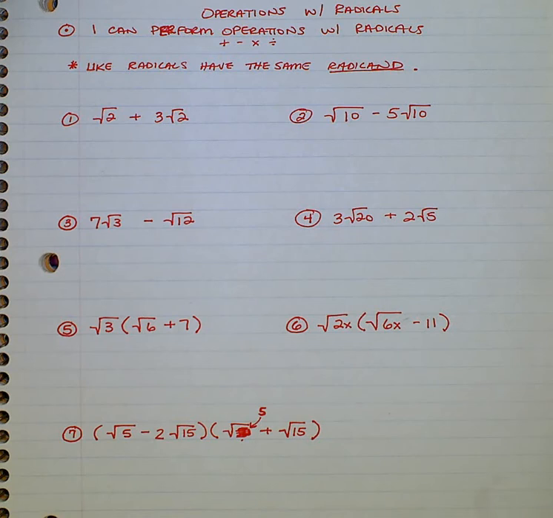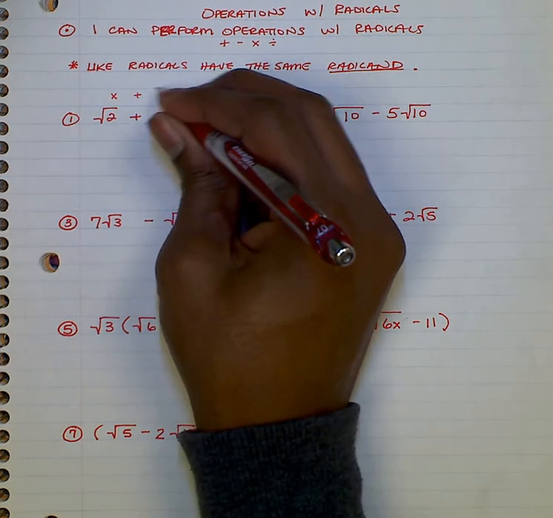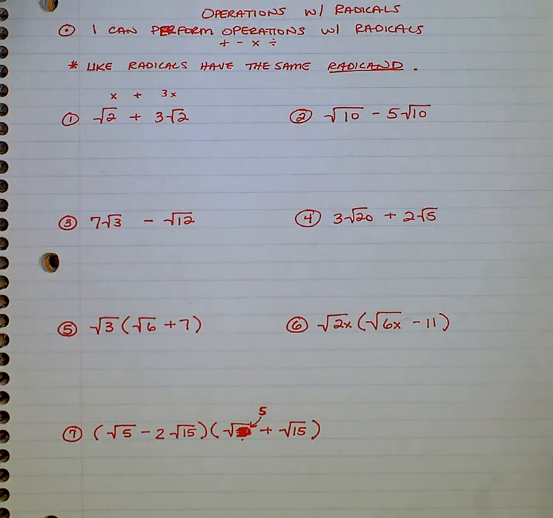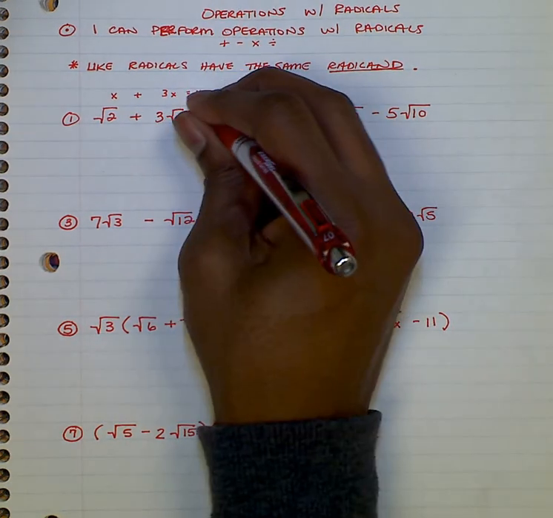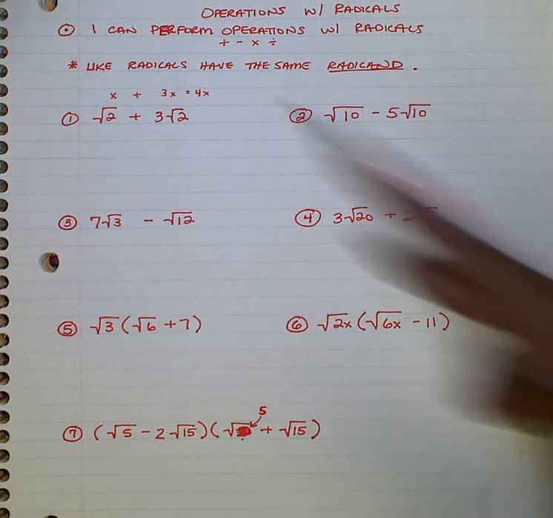So our first problem, we have radical 2 plus 3 radical 2. We can look at this problem as x plus 3x. If I asked you what that was, you'd say pretty quickly, that's 4x, because I have 1x and I'm adding 3 more x's to it. Well, that's the same as this problem.